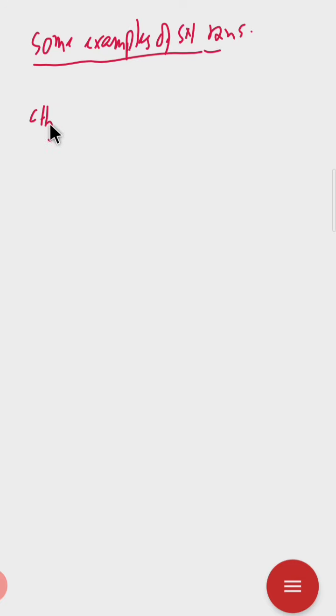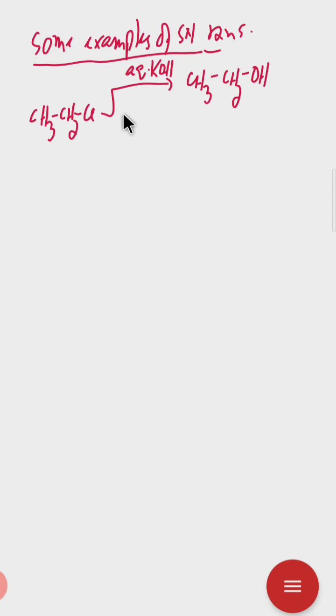So let me write the haloalkane, ethyl chloride, and if it is reacted with aqueous KOH, like I have explained in the mechanism, this Cl will be substituted by what? OH, and KCl will be formed. And if it is reacted with alcoholic KCN, then the substitution will be by CN, so we will get nitrile, right?